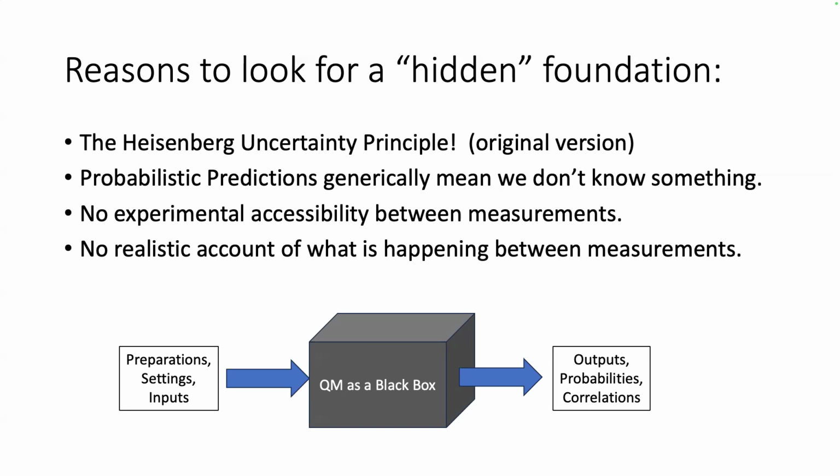These are the outputs I expect to see. These are the correlations, these are the probabilities, and you can predict them. But is there any insight as to what's going on in the middle, or is it just churning through some rules that we don't know why they work in the first place? And so I want to open this box. I want to see what's going on with it.